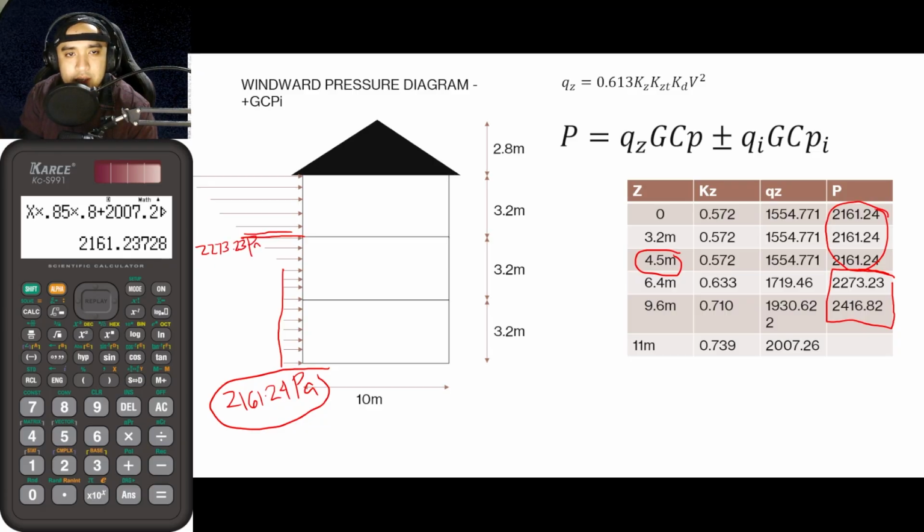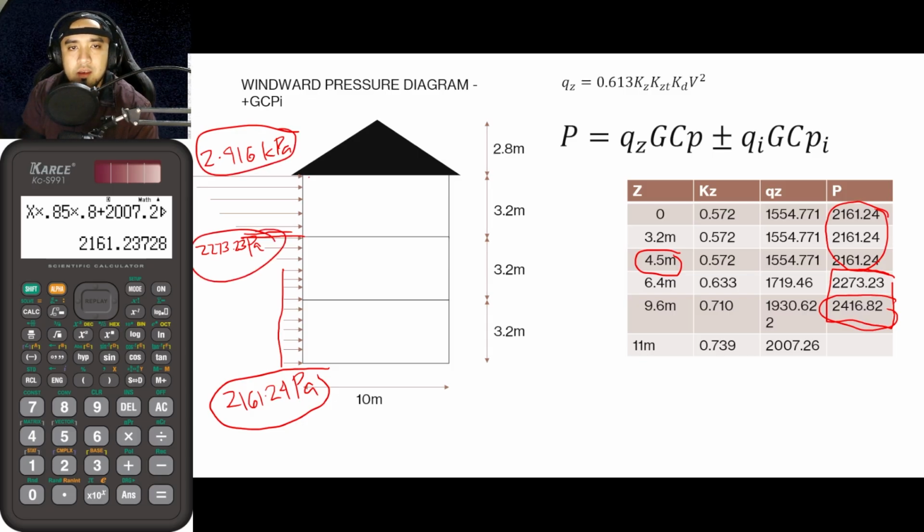Again, this is pascals. Then for the last one, this is 2416.82 or 2.416 kilopascal. So take note, guys, this is kilopascal, this is pascal. Okay? So that is how you would be drawing the windward pressure diagrams. So there.